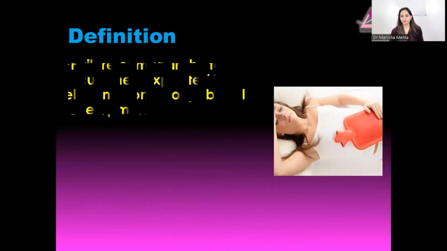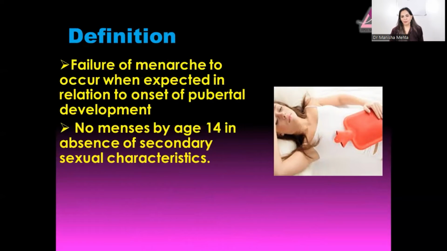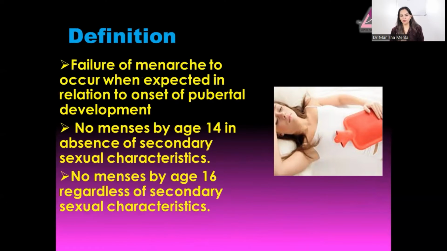We all know amenorrhea is failure of menarche to occur when we are expecting it. I don't know if WHO, it's high time that WHO should change the 14 and 16 year, because we've all seen that menarche has gone down by at least 2 years.